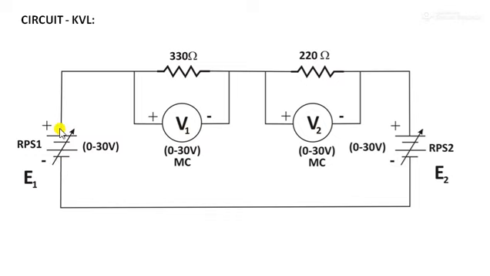So E1 is connected in series with the 330 ohm resistance, which is connected in series with the 220 ohm resistance, and it is connected to RPS 2, and further it is given back to RPS 1. Now voltmeters V1 and V2 are connected in parallel across the 330 ohm and 220 ohm resistances. So this is how we arrange the circuit diagram for the KVL circuit to calculate the values, right?